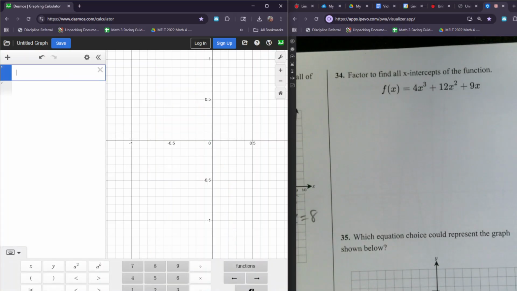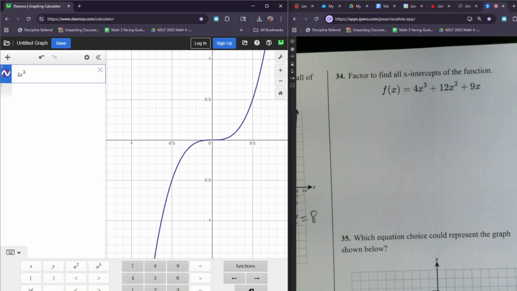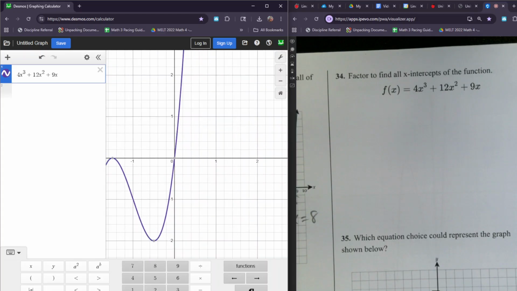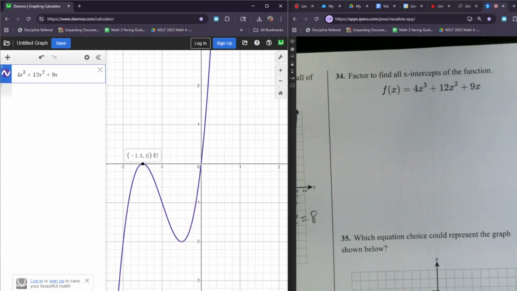Using Desmos, let's see, 4x cubed plus 12x squared plus 9x. Okay, so pretty simple one here.